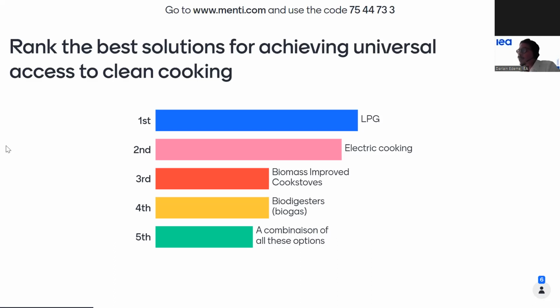On the other hand, when we have electricity and the use of electric cooking is affordable for a specific household, then we can go to the electric cooking option. So it really depends on the context, but take into consideration that all these options are pieces of a puzzle through which we can aim at achieving universal access to clean cooking in the African continent.